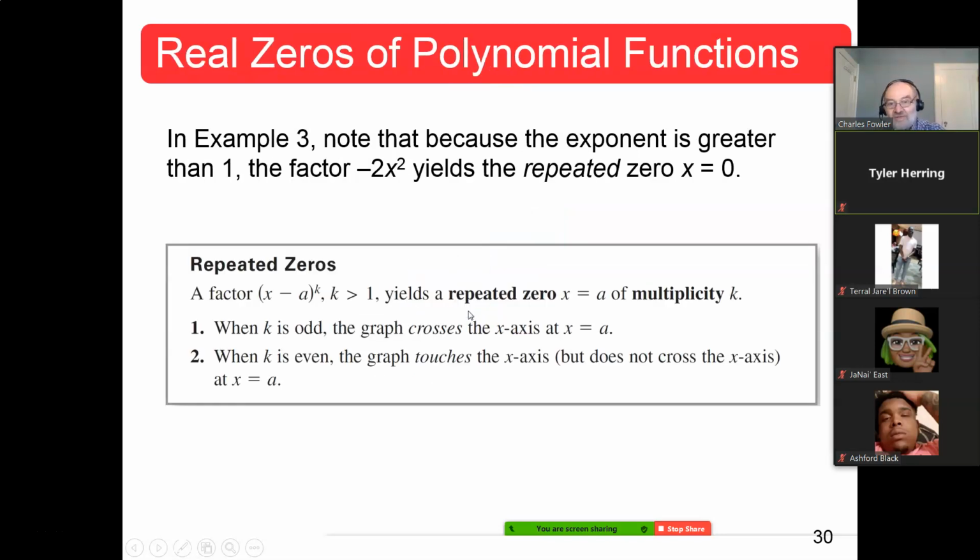It touches and turns back in the same direction. When k is even, the graph touches the x-axis, but does not cross the x-axis at x equals a. Touches there, kisses there, goes back in the same direction. If k was odd, it may hang around there for a while, but it will cross.